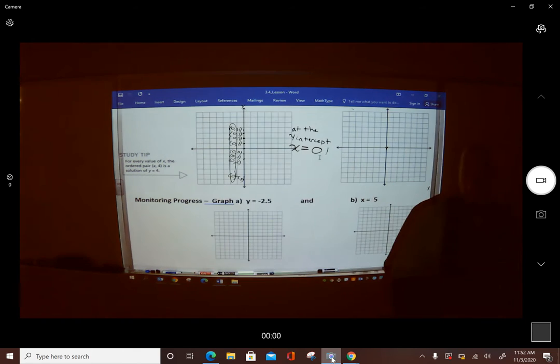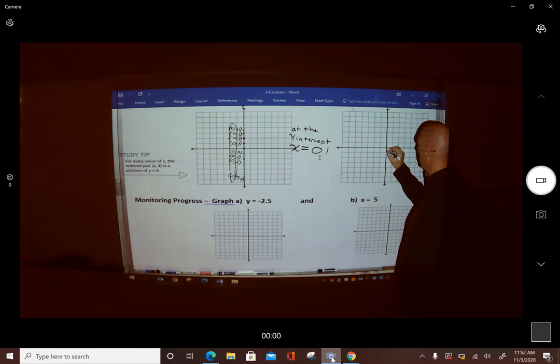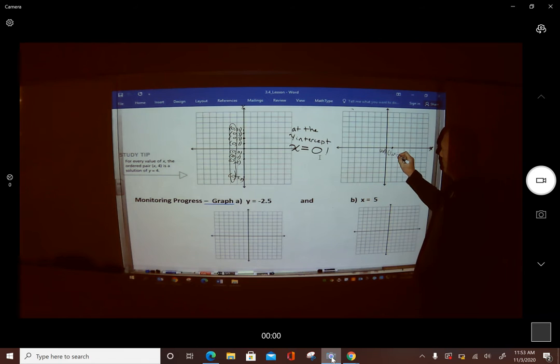Let's just double check. So now we're going to look at the x-axis. I'm going to look at different points. Well, here's 0, 0 again. So we're okay. But if I come over here, remember, you always go x then y, so I'm at 1, 0, because I went to the right, but I didn't go up and down at all. Here, we're at 2, 0.